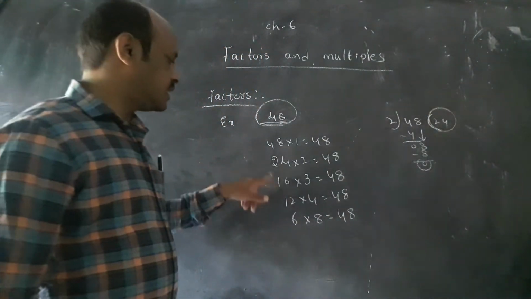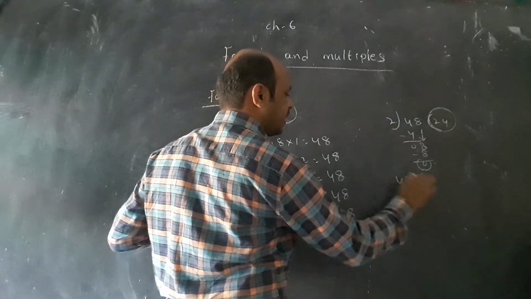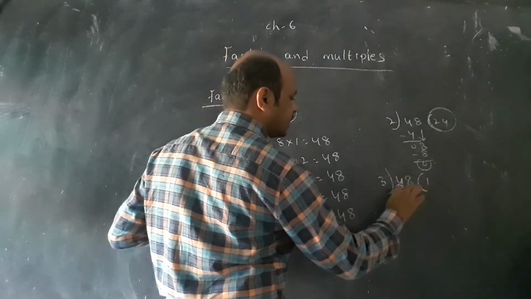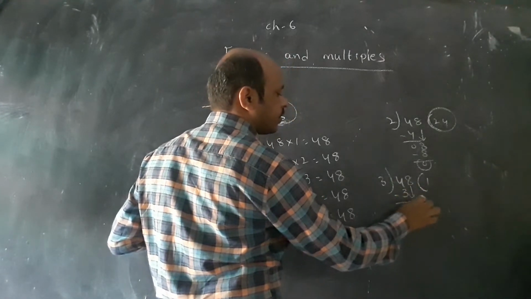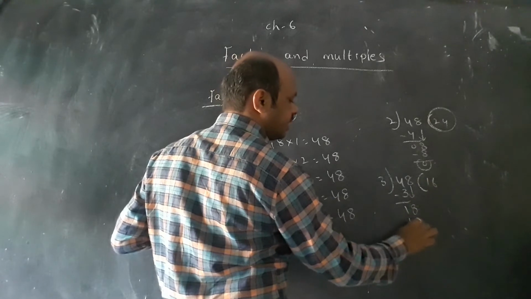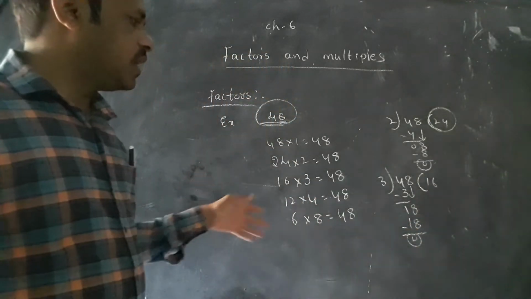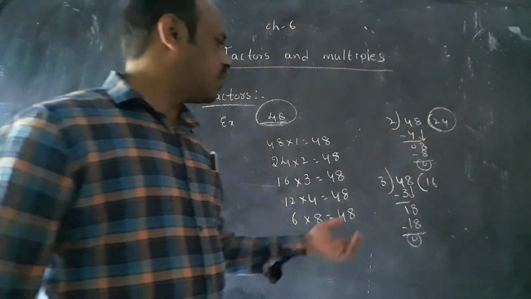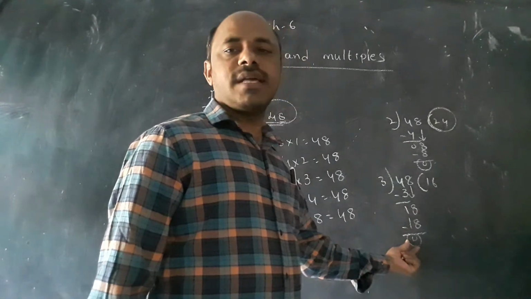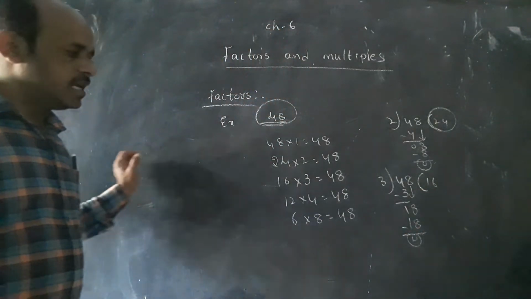This is the process. Next, see for 3: 3 1s are 3, subtract, 1, then draw 8 down, 3 6s are 18. We got remainder 0 again. Then 48 is a product of 16 and 3. Means 3 table and 16 table also give remainder 0.